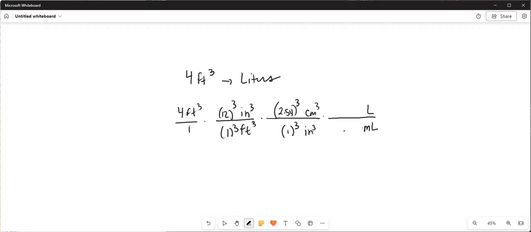And there is 1,000 milliliters in a liter. All right, so this cancels, this cancels, this cancels, this cancels, and this cancels with this. So this is going to be 4 times 12 cubed times 2.54 cubed over 1,000 liters.